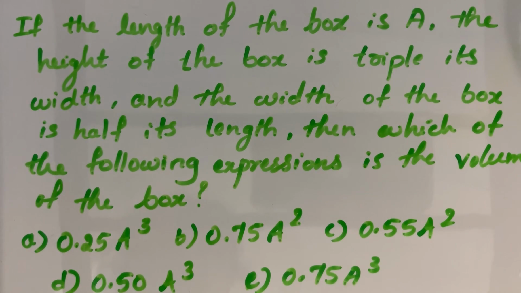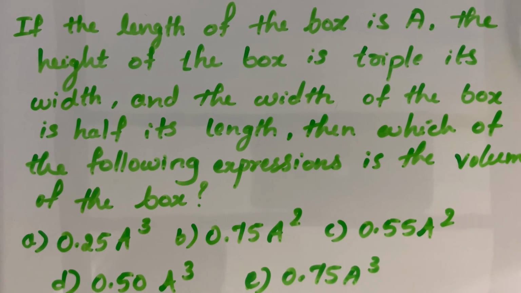If the length of the box is A, the height of the box is triple its width, and the width of the box is half its length, then which of the following expressions is the volume of the box?